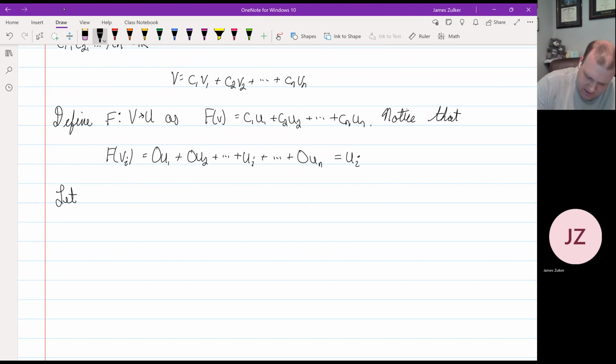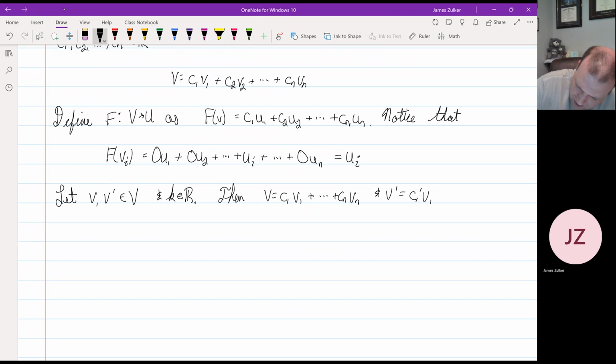What we do is we say, okay, let V and V prime be vectors in the vector space V and define some constant K. Then V is equal to C1 V1 plus so on and so forth, and V prime is C1 prime V1 plus so on, plus Cn prime Vn.